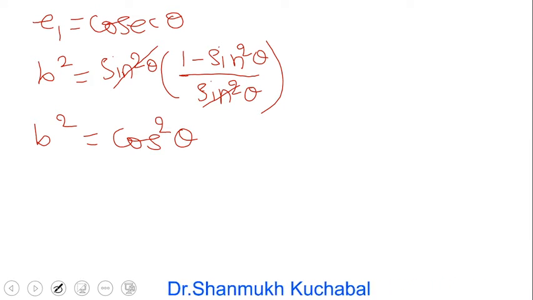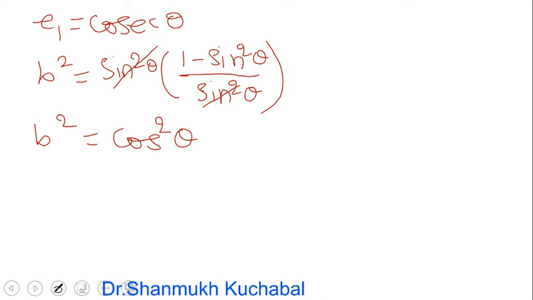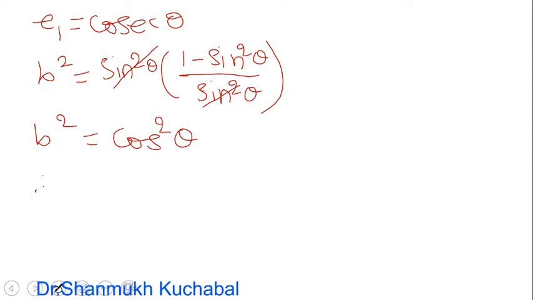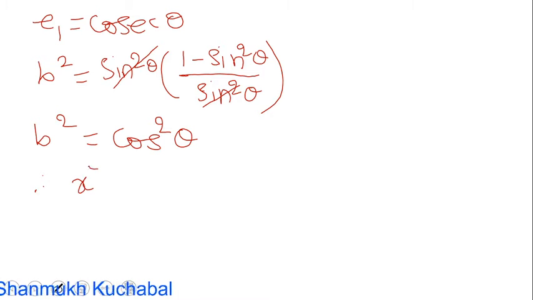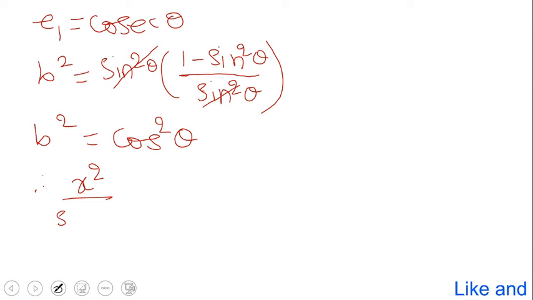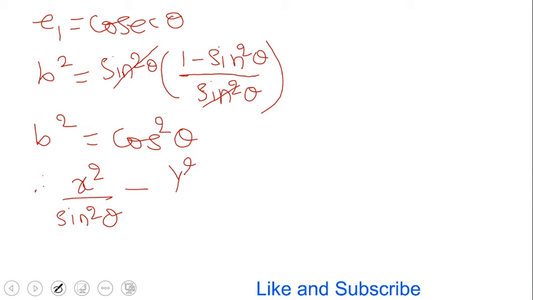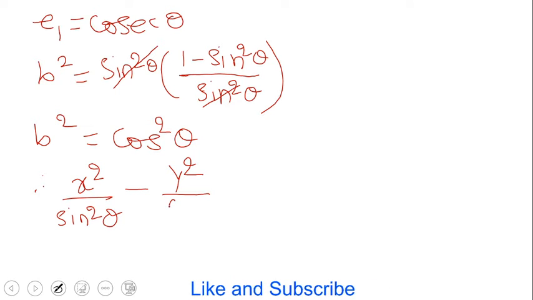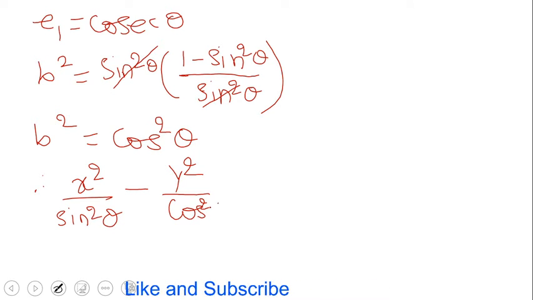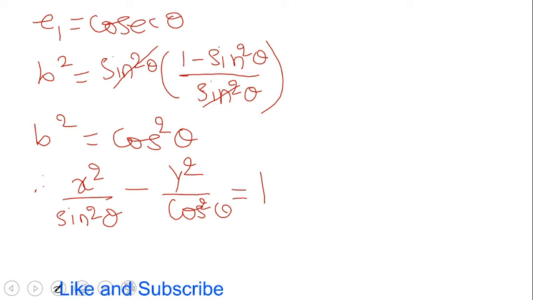Then the equation of the hyperbola will become x²/a², where a is sin θ so a² is sin²θ, minus y²/b², where b² is cos²θ, equal to 1.